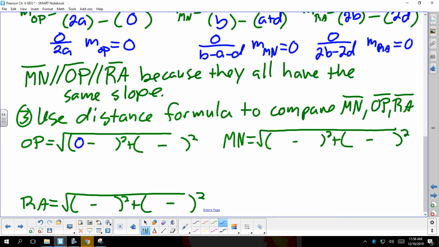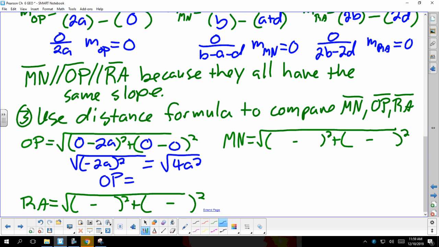We have 0 and 0, and then 2a and 0. So I end up with the square root of negative 2a squared, which equals the square root of 4a squared. So OP simply equals 2a. Square root of 4 is 2. Square root of a squared is simply a.